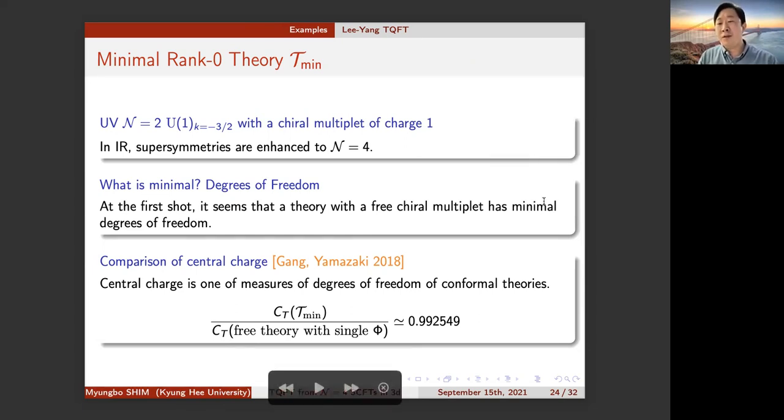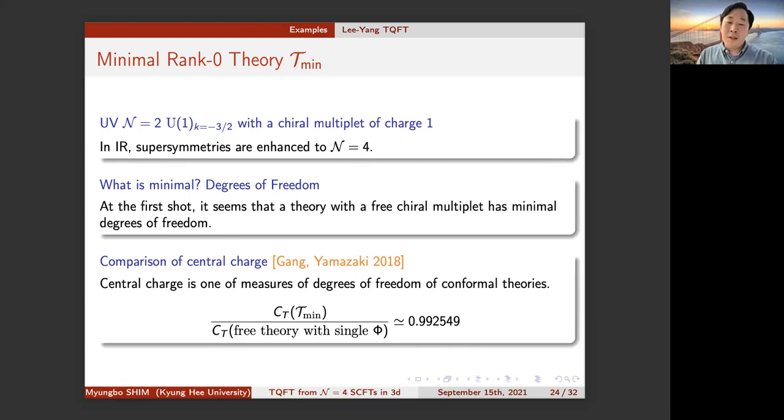Before finding its three-sphere free energy, we can compare the central charge of this minimal theory with the single free theory for a chiral multiplet, and we find this minimal theory has a smaller central charge.